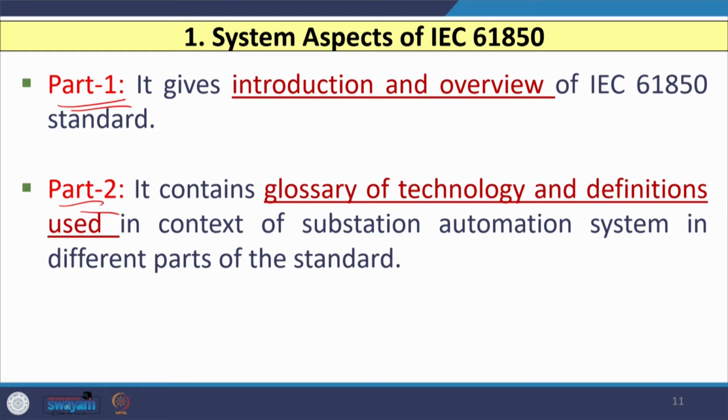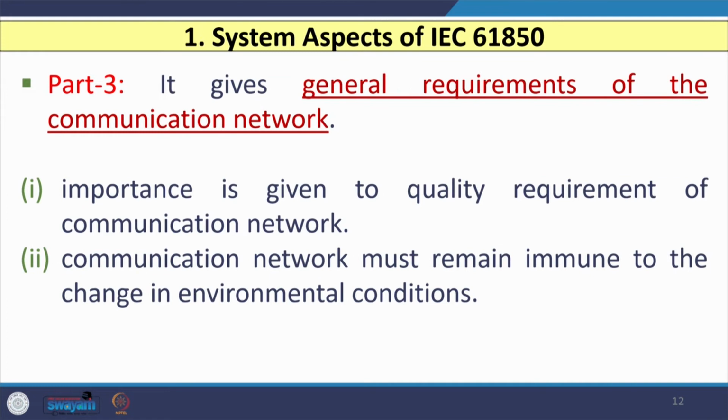In part 3, it gives the general requirements of the communication network, and special attention is given to the quality requirements of the communication network, which must remain immune to changes in environmental conditions.